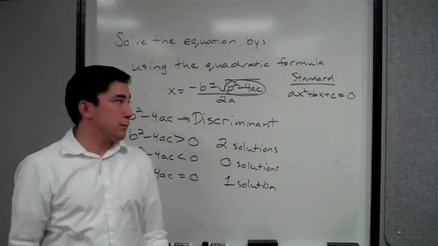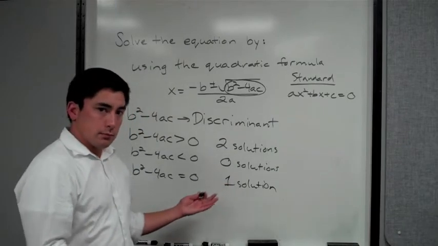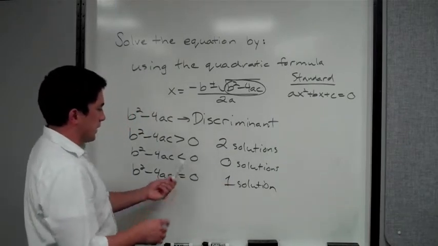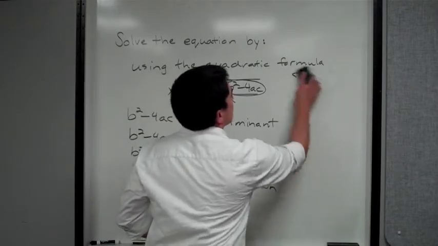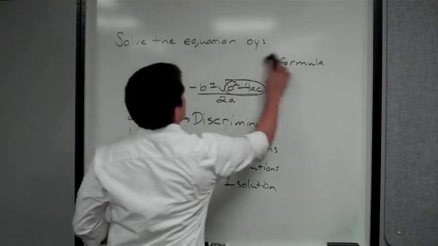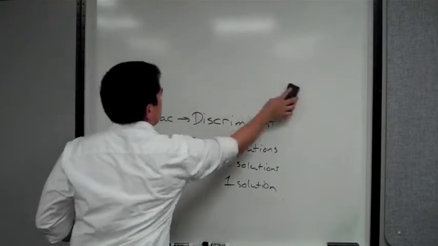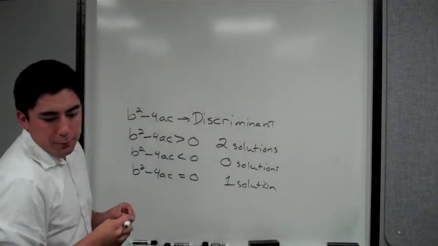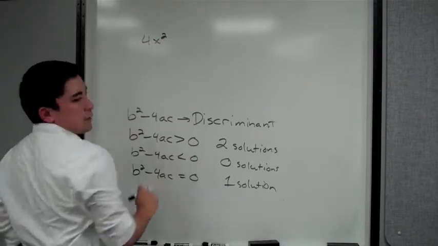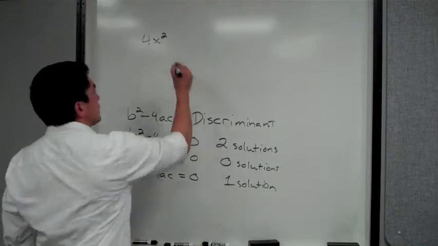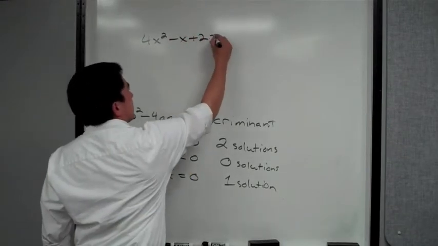Okay? So, let's do a problem that has to do with that. Okay? So I'm going to set up a problem for you. Let's get this out of here. Okay? So, we have here 4x squared minus x plus 2 equals 0.